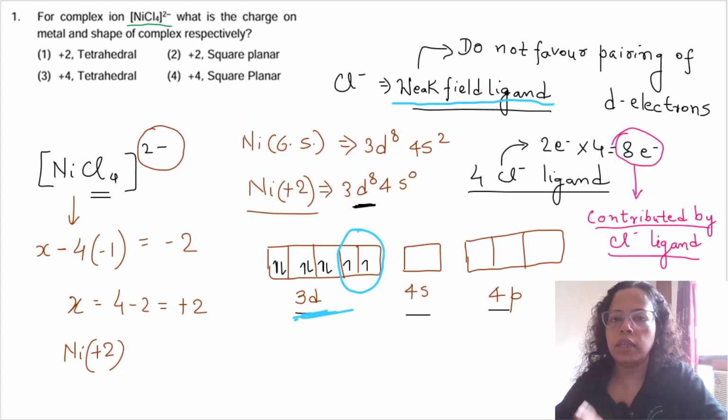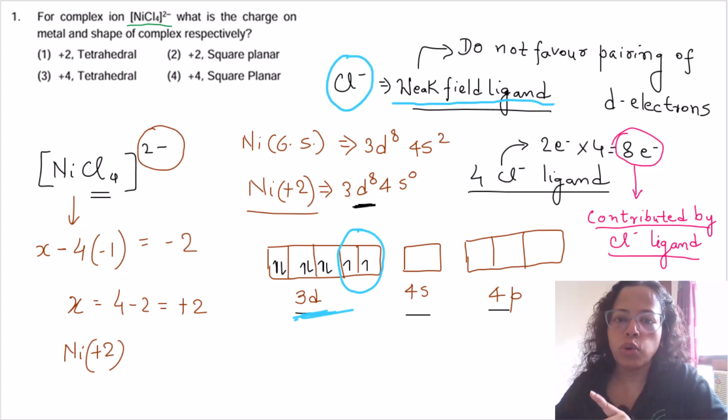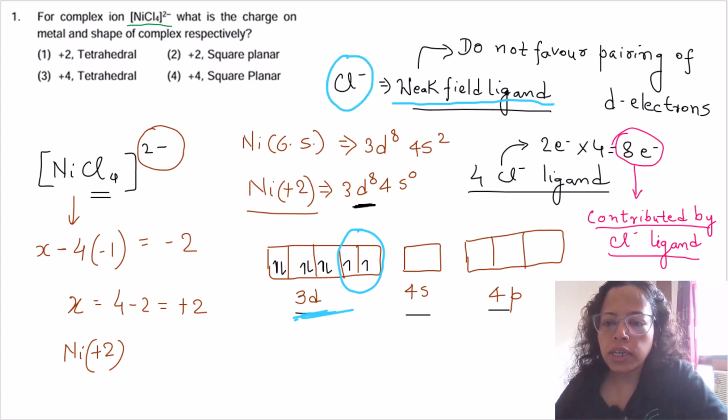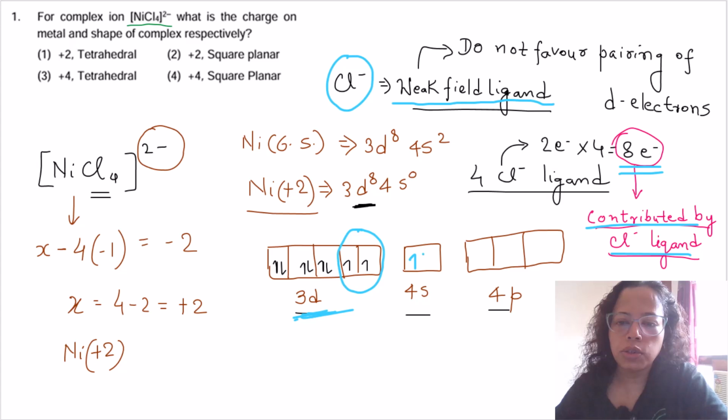So these 2 unpaired electrons of nickel in the 3d orbital remain unpaired, because nickel is bonded to a weak field ligand, that is the chloro ligand. Now in the 4s and 4p orbitals, we fill the electrons contributed by the chloro ligands: 1, 2, 3, 4, 5, 6, 7 and 8.